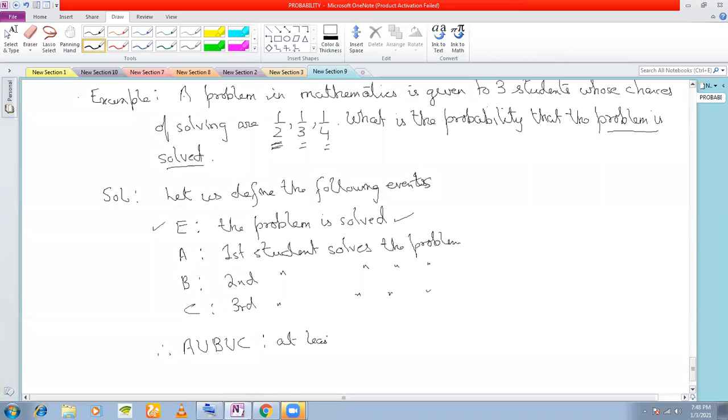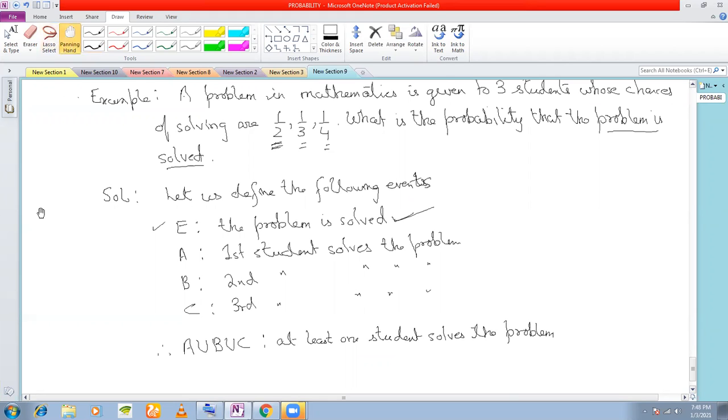A union B union C means at least one student solves the problem, right? And if at least one student solves the problem, then the problem is solved, right?